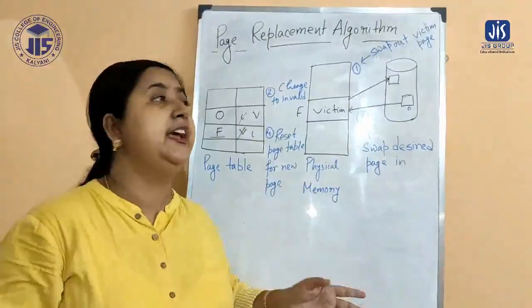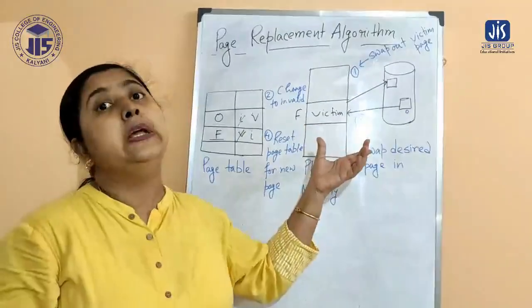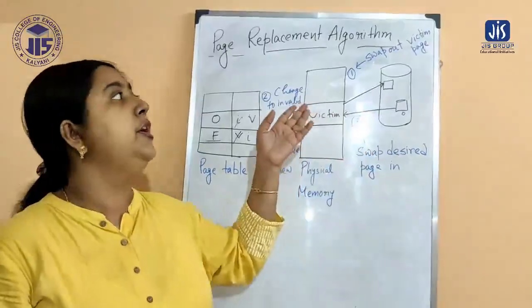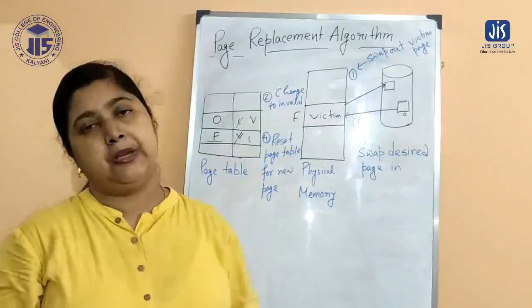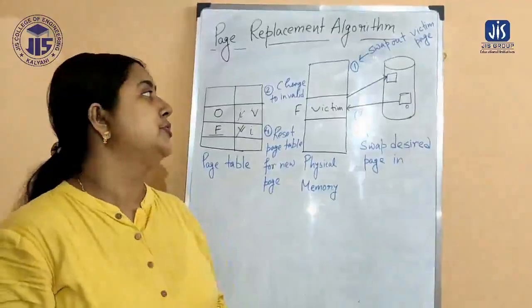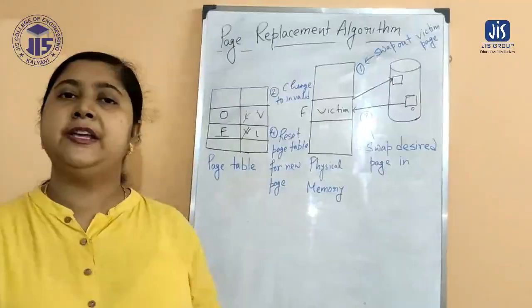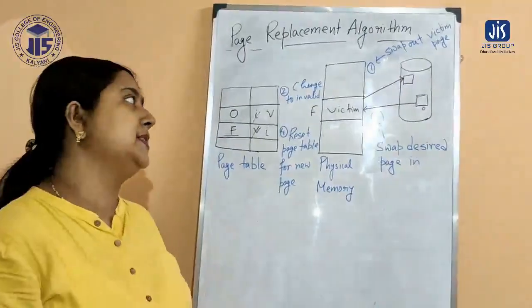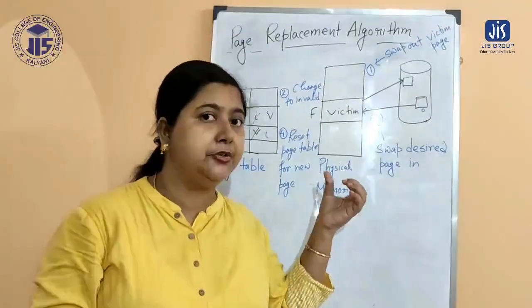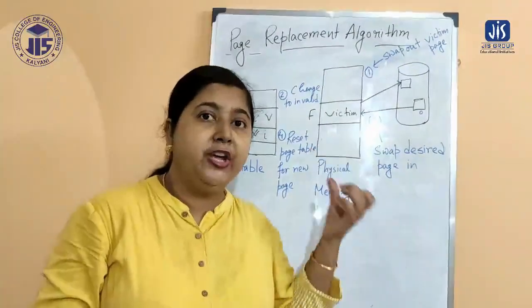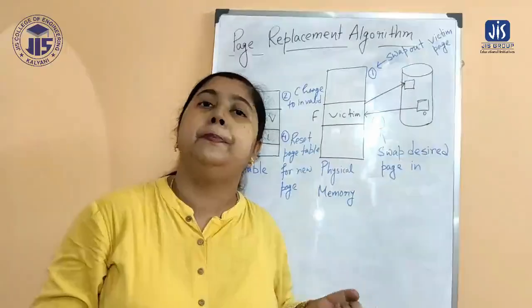That is the selection of the victim. For that purpose, we require page replacement algorithms. So basically, a page replacement algorithm is for selecting the particular page reference which is going to be replaced.